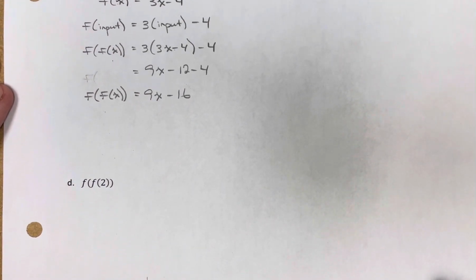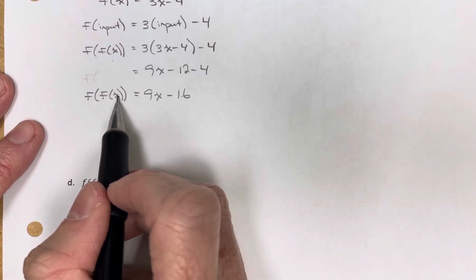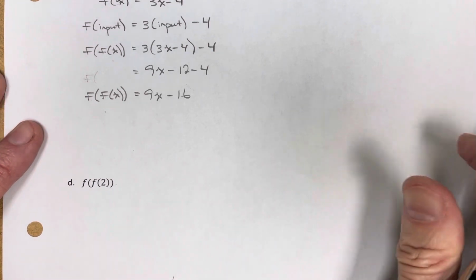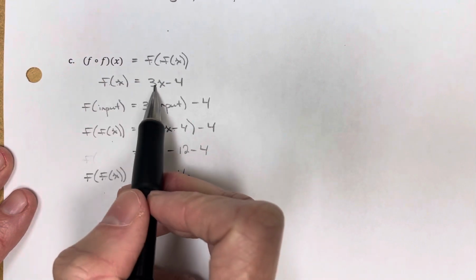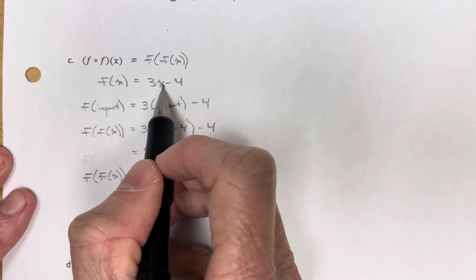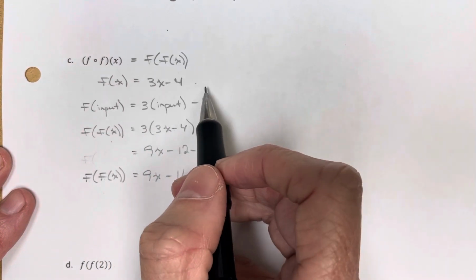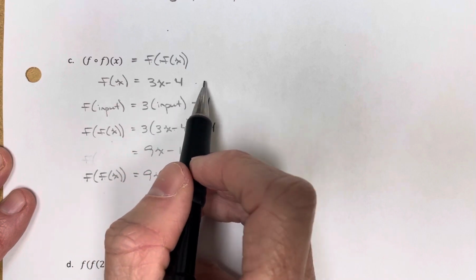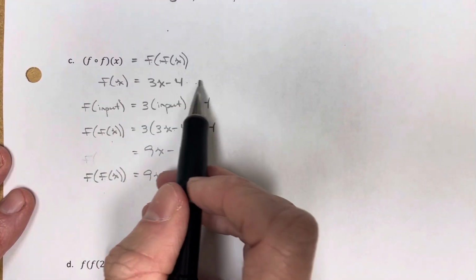Let's do what we did on the previous page. We found f of f of x. It's this. What is f of f of 2? Well, let's check it here first. Let's run 2 through the f function. 6 minus 4 is 2. Let's run 2 again through the f function. 6 minus 4 is 2. Out comes 2. Okay, I ran 2 through it, I got 2.